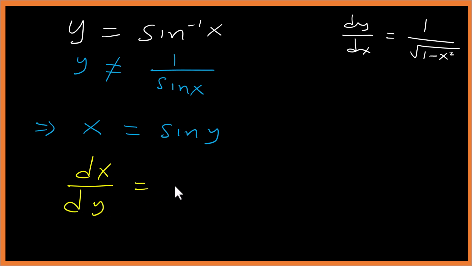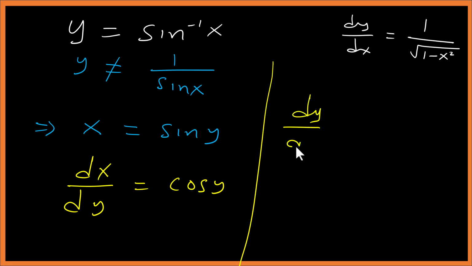Sine is cos, so that will be cos y. If that's the case, my dy/dx, since I've changed this one, will be 1 on cos y.